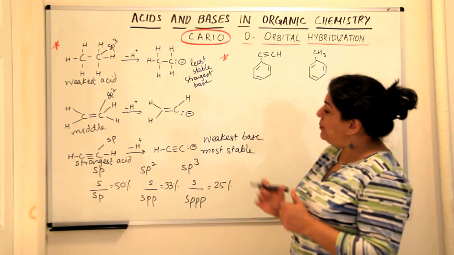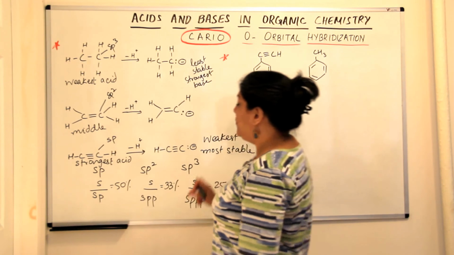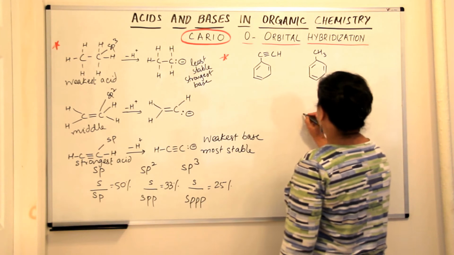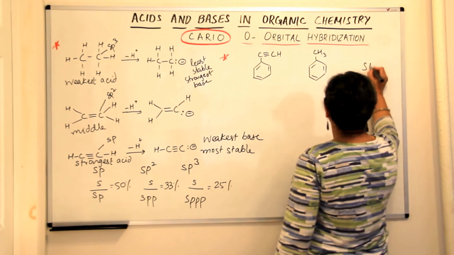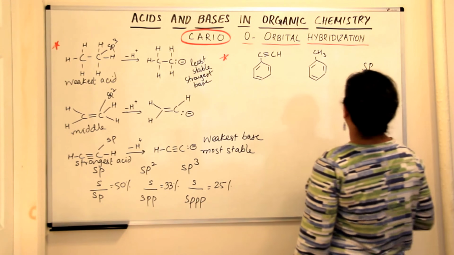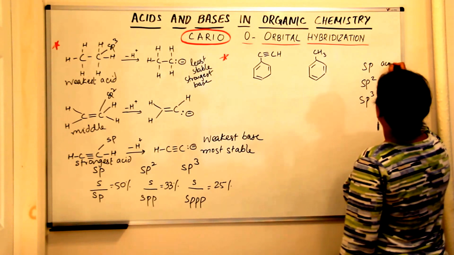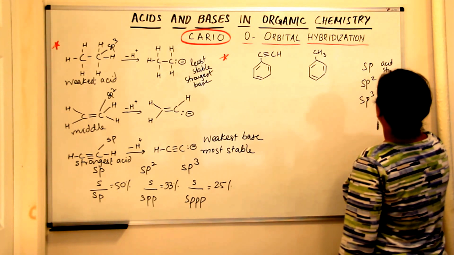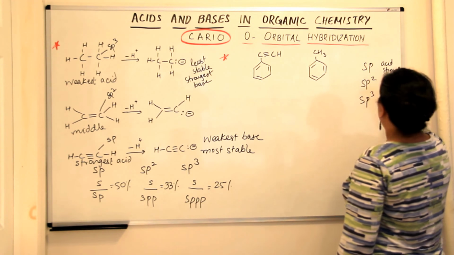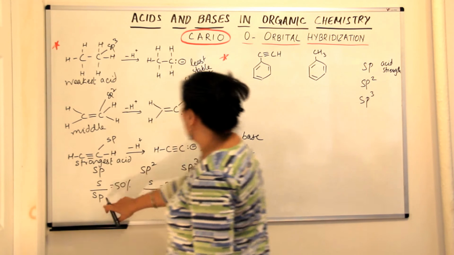Right? So on the basis of this, what do we see about the acidity? If you follow the acid strength, sp, sp2 and sp3, what would be the direction of the acid strength? The strongest acid is the one with sp.